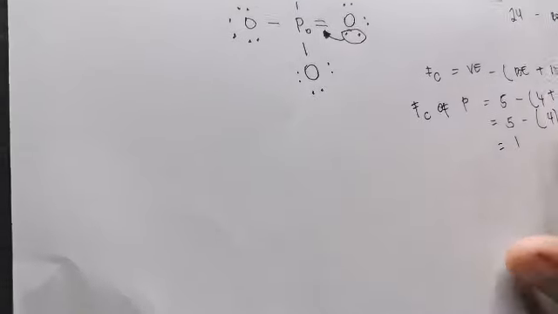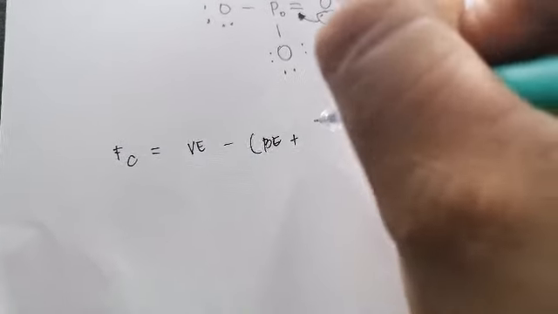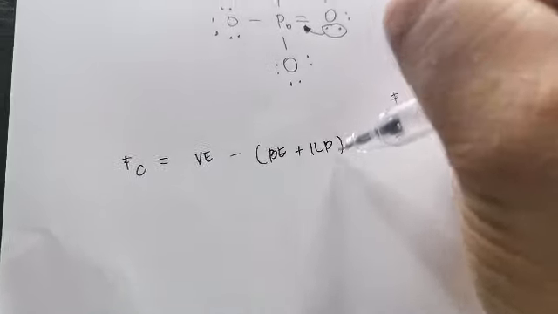So you have the formal charge is equal to the valence electron minus the bonded electrons plus the individual lone pairs.